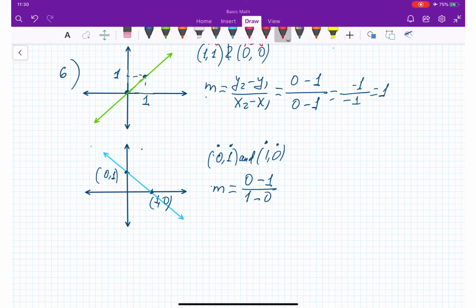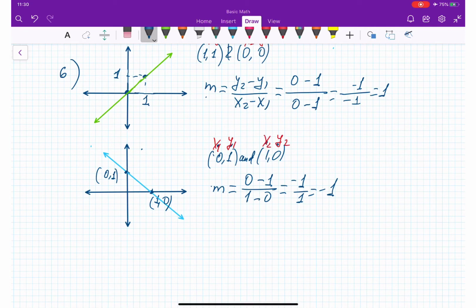Okay, I can write down this: x1, y1, x2, y2. Okay, as a result, we are getting negative 1 over 1. And the slope, we are getting negative.